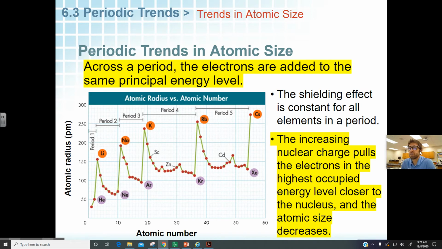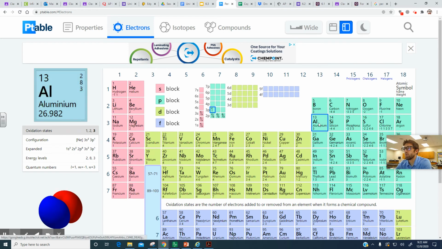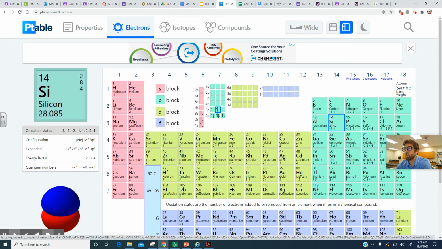But you're adding more protons to the nucleus of an atom because as you go left to right, for instance, aluminum has 13 protons, silicon has 14 protons, phosphorus 15, 16. As you go left to right, you add one proton.